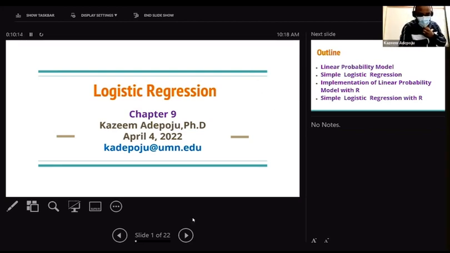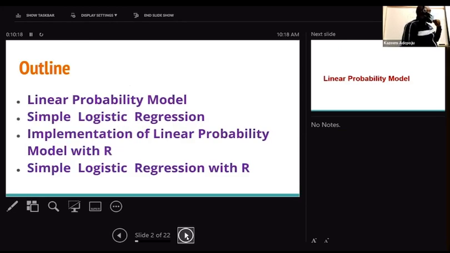Now, in the outline today, I'm going to talk about the linear probability model. What is the meaning? Why do we consider logistic regression? To model a categorical outcome. Why not linear regression? When you use a linear regression for a categorical outcome, that is what we call a linear probability model.